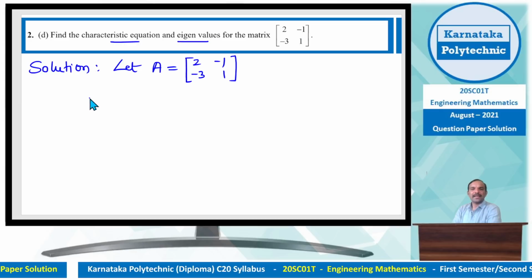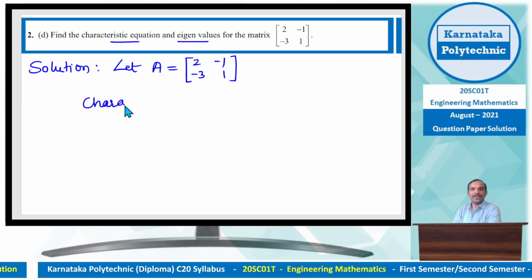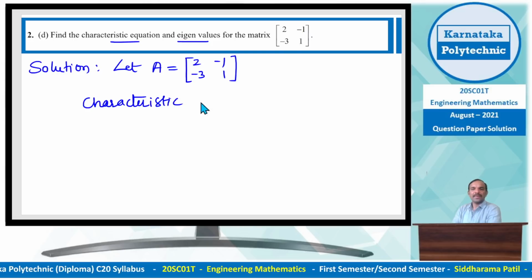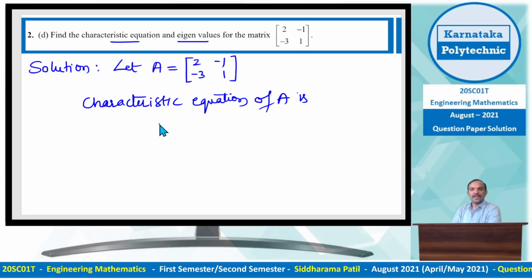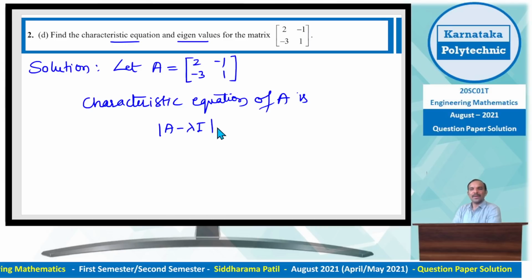First you have to write the characteristic equation. Characteristic equation of A is determinant of A minus lambda I equal to 0.